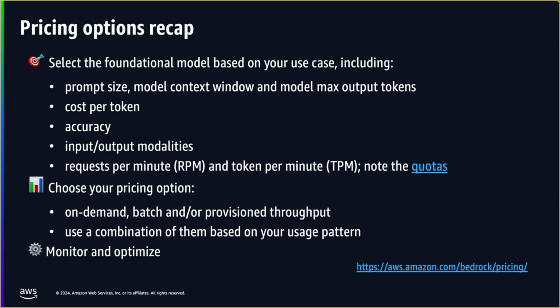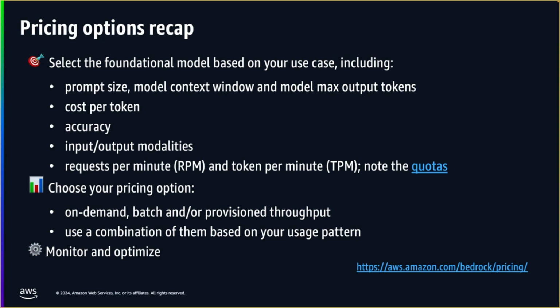All right, let's quickly recap the pricing options and the models. When you select a foundation model, what matters is your prompt size, the model's context window, the model's max output tokens, then cost per token, right? Model accuracy and input-output modalities: does it support text, does it support images, does it support audio generation, etc.? And of course, the limits for requests per minute and tokens per minute.